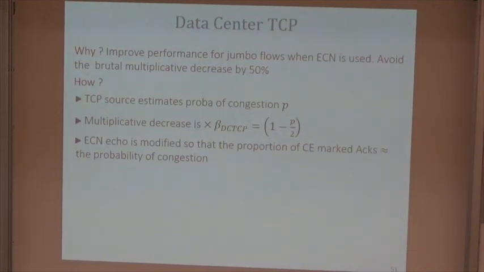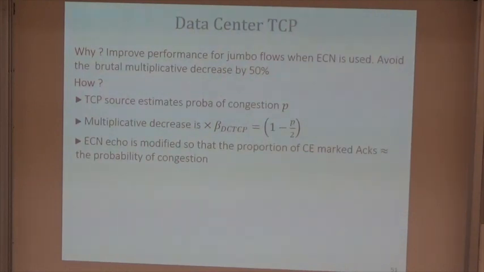So the number of echoed marks in TCP headers is not equal to the number of marked packets. This is modified if you use data center TCP, so that you do not do that. You try to have exactly the proportion of marked echoes equal to the proportion of packets that have been marked by the routers.